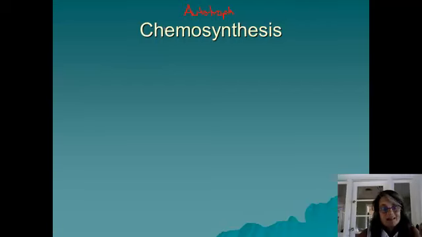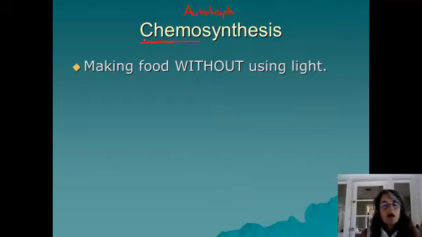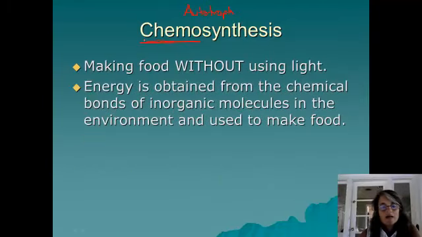There are chemosynthetic autotrophs, autotrophs that don't use photosynthesis, but instead they use energy that they get not from light, but from chemical bonds within small inorganic molecules. They use the energy within these bonds to create their own food molecules. So they are not using light to create food molecules.